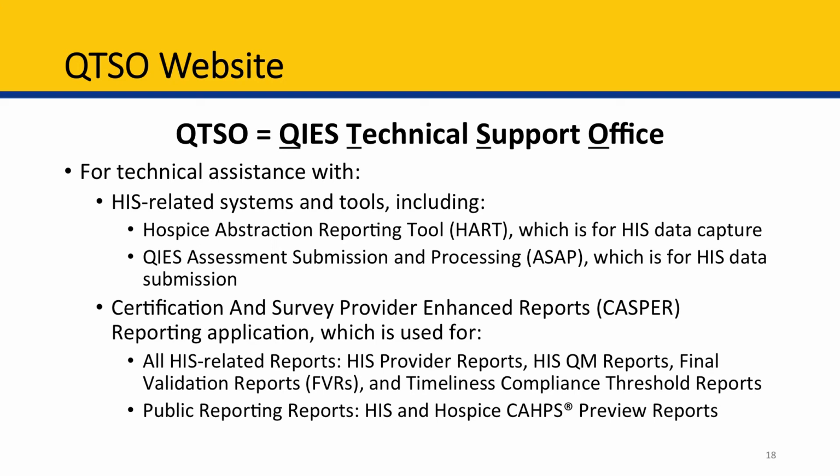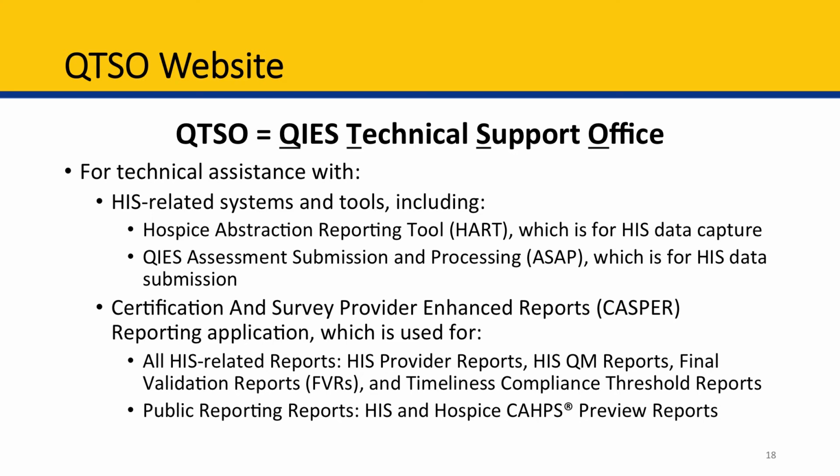The QTSO.com website will cover the two HIS-related systems and tools, which includes the Hospice Abstraction Reporting Tool, or HART, and the Quality Assessment Submission and Processing, or QIES ASAP system. HART and QIES ASAP are used for HIS data capture and HIS data submission, respectively.